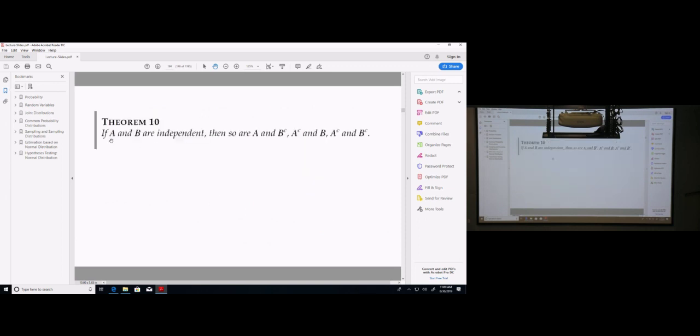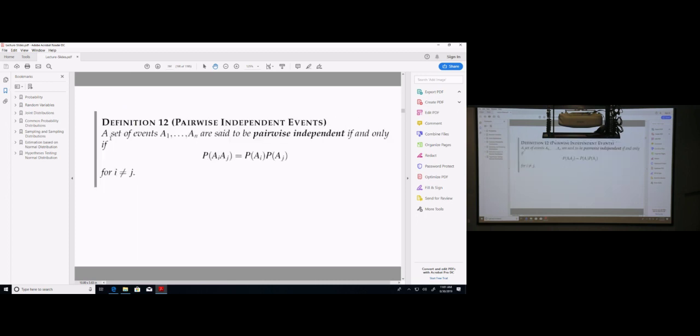But the first thing is that the intuition of theorem 10 carries over, meaning that if you have a list A1, A2 up to An, then it is up to you whether you want to take the complement of each, some of them, or none of them. It's really arbitrary. Suppose you have a list of n events and you know that they're independent. For each event, it is up to you whether you consider the event itself or its complement. The list is modified individually, and it will still be independent.